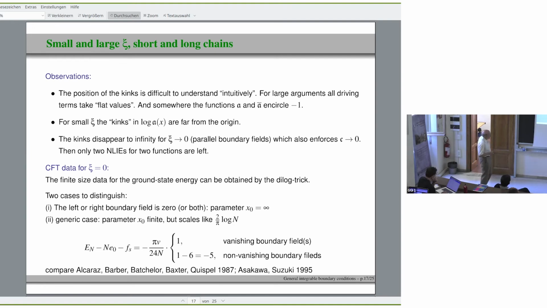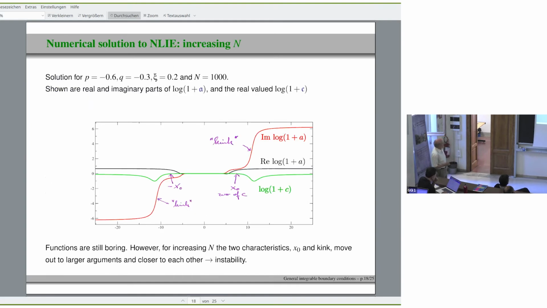In one case, the 1 over n term is multiplied with 1, and in the other case with -5. So it's a bit surprising, but then we checked our calculations with those of the literature, and we found agreement. So I hope I understand the paper by Sakawa and Suzuki correctly. So what is now the problem of everything?